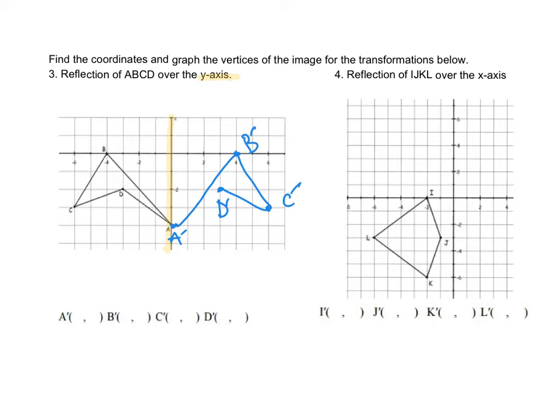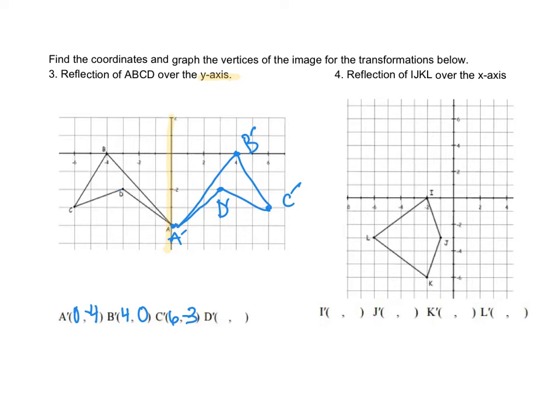Okay. And then also we want to label our new points. So A prime stayed in the same place, which is 0, negative 4. B prime is now at 4, 0. C prime is now at 6, negative 3.